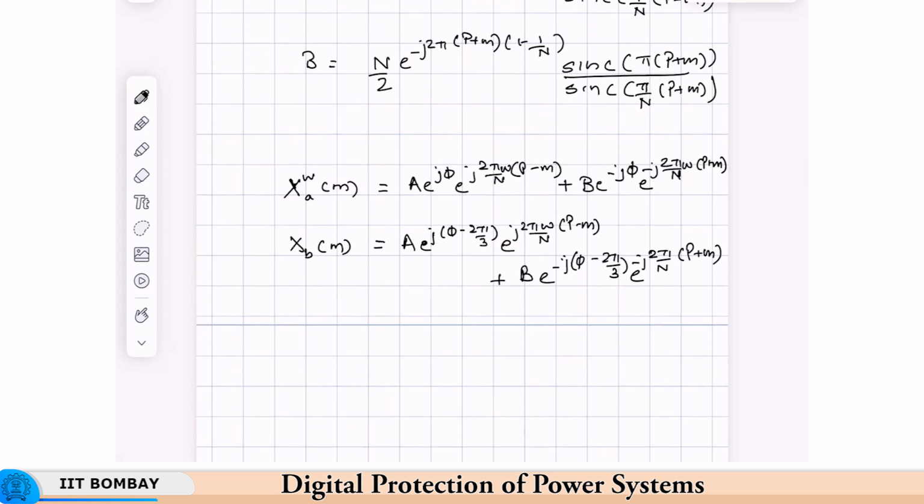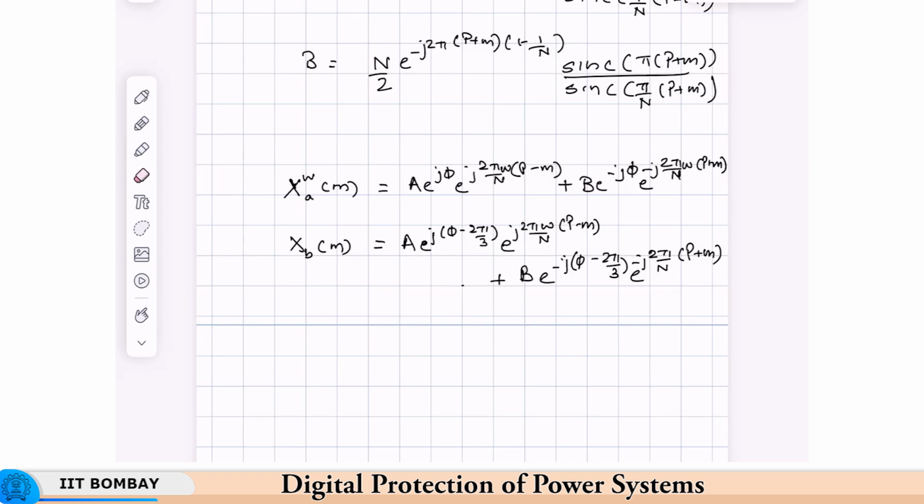Okay, so this can be this. I'll write it so that it is a bit more readable.